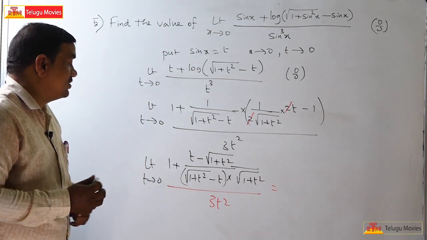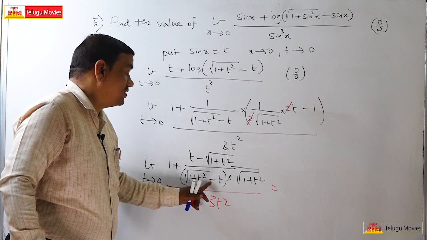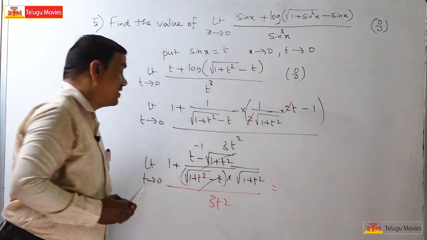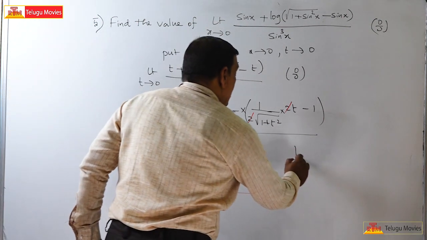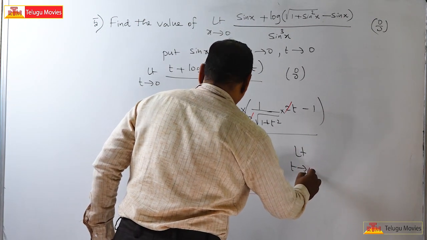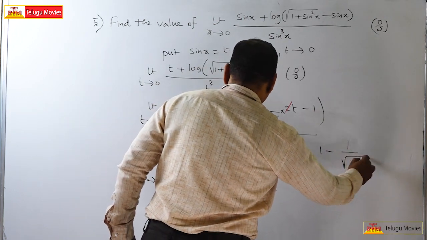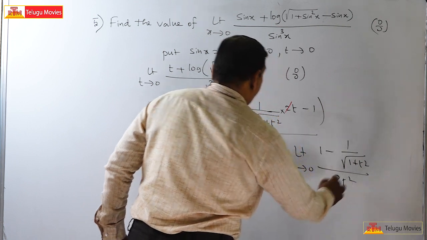Any more cancellations? If you observe, t minus root of 1 plus t square, and root of 1 plus t square minus t, these two can be cancelled. Of course, minus 1 will remain. Now the final problem is limit t tends to 0, this is equal to 1 minus 1 by root of 1 plus t square divided by 3t square.